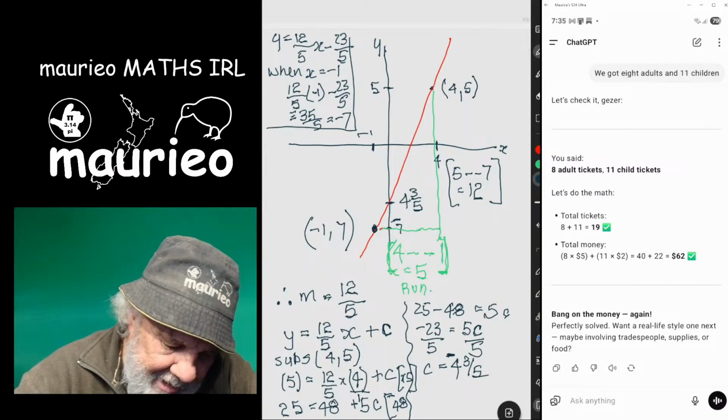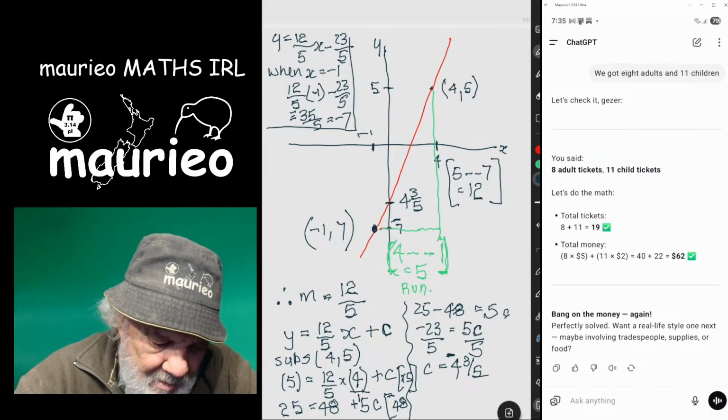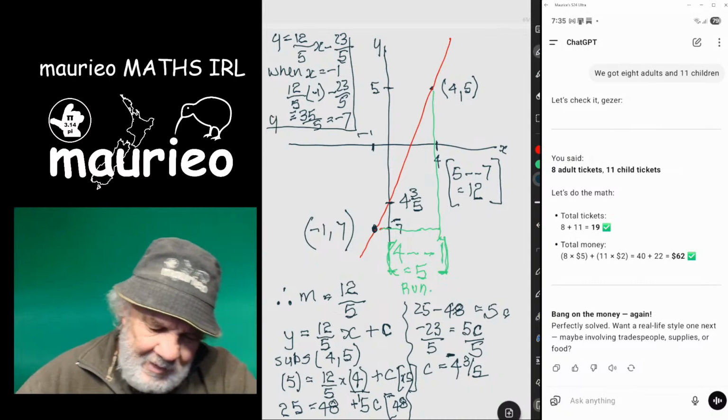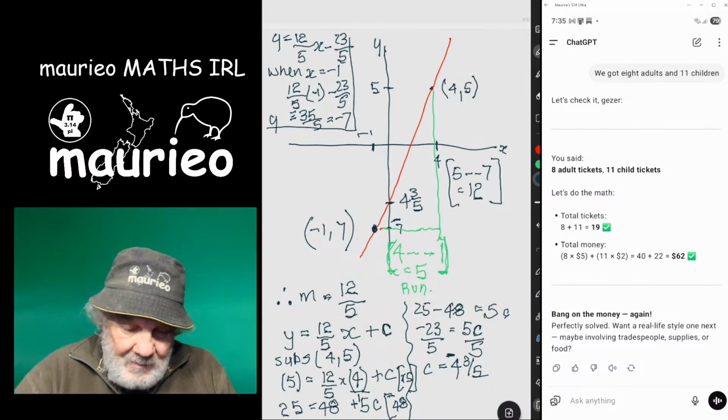So when x is negative 1, y equals negative 7. So that's all good.